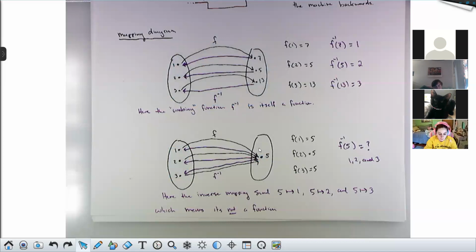A 2-to-1 function or a 3-to-1 function are bad news for inverses, because the inverse relation is automatically not a function. And for those of you currently taking trigonometry, your trig functions are much worse, right? They are super duper not 1-to-1. Because your trig functions are periodic, they're not just 2-to-1 or 3-to-1, they're infinity to 1.